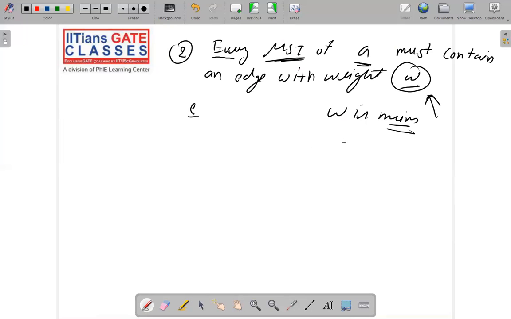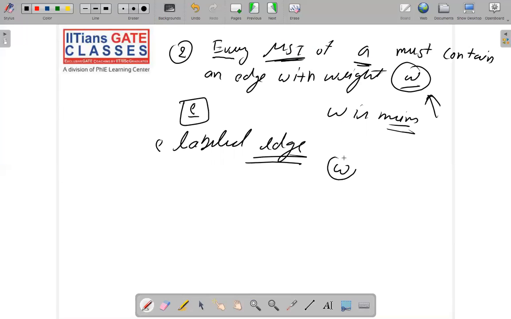It need not be that the edge is this E labeled edge. But there will be an edge with minimum weight W. If you have multiple edges with minimum weight W, one of those edges will always be part of the MST.